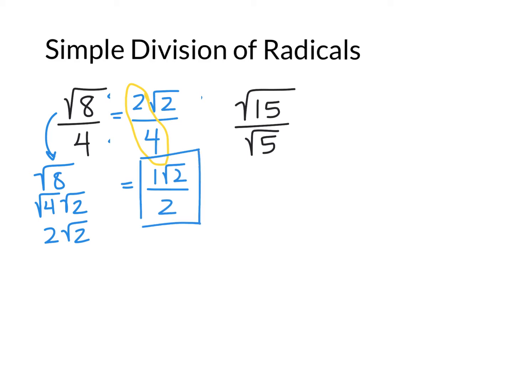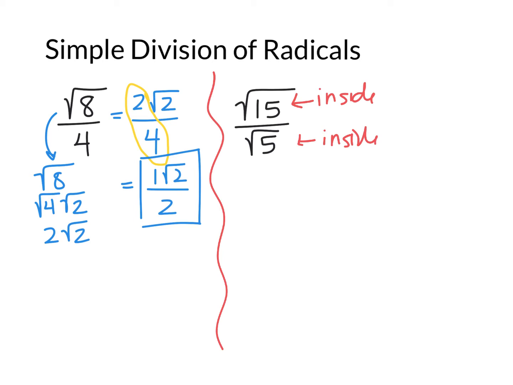I'm just reminding you, you cannot divide inside numbers with outside numbers, just like you can't multiply inside numbers with outside numbers. On this second example, though, both of these are inside, which means I can actually divide them. So this can become square root of 15 over square root of 5, which simply reduces to the square root of 3, because 15 divided by 5 is 3. And that would be your final answer.